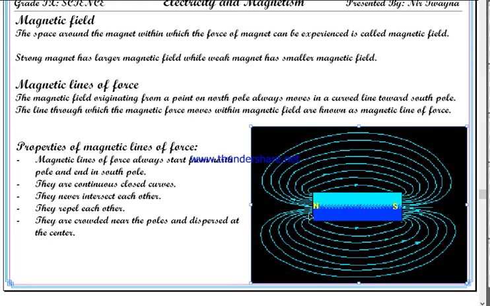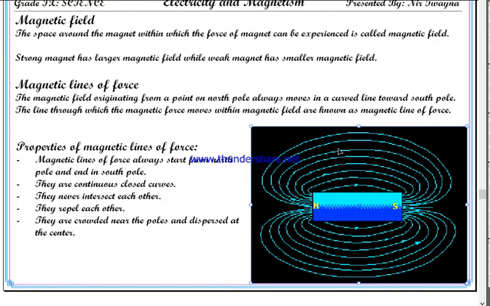These are the inherent properties of magnetic lines of force. They never intersect each other, and they always repel each other. That is the reason why they are crowded near the poles and dispersed at other parts. As you move away from the pole, they are dispersed. And in the central part of the magnet, you can see they are extremely weak.